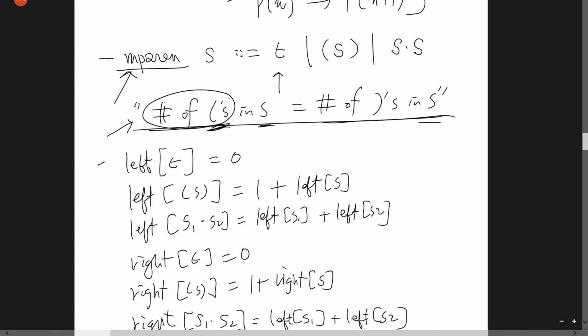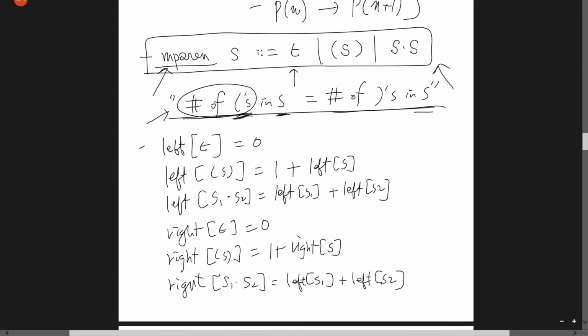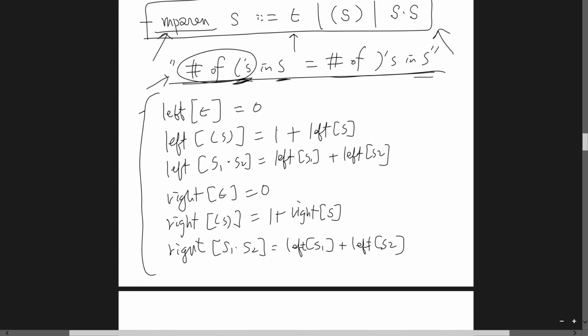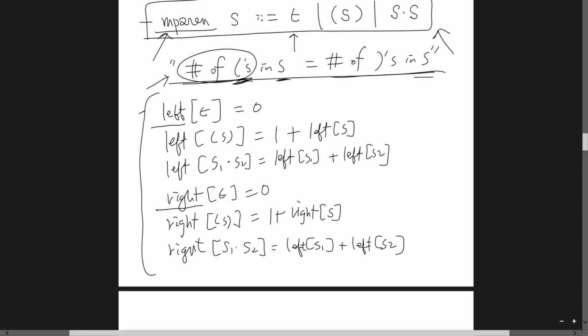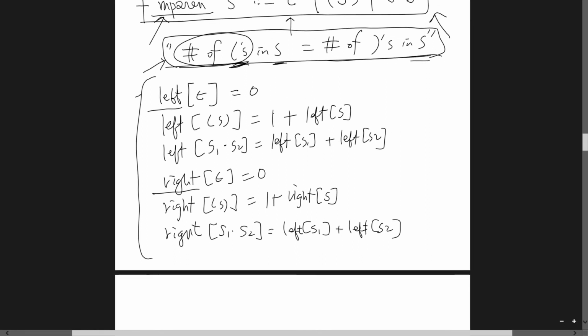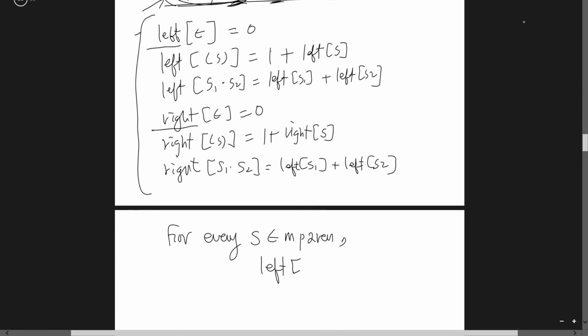Now we have the formal definitions: the syntactic category m-parent with its inductive definition, and the two auxiliary functions, left and right, which are defined recursively. Now, let me translate this informal statement into a more formal statement. We'd like to prove that for every string S in m-parent, left(S) is equal to right(S). So this is the theorem that we'd like to prove.